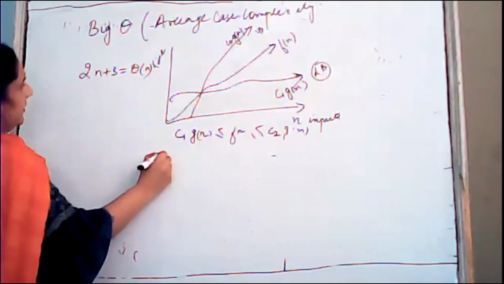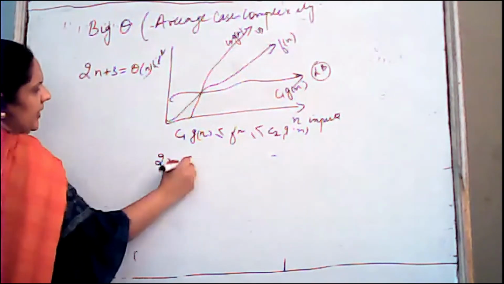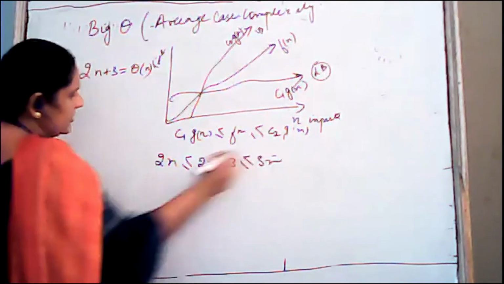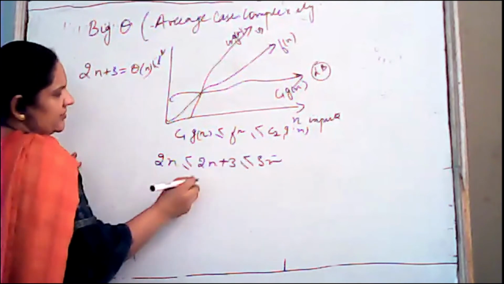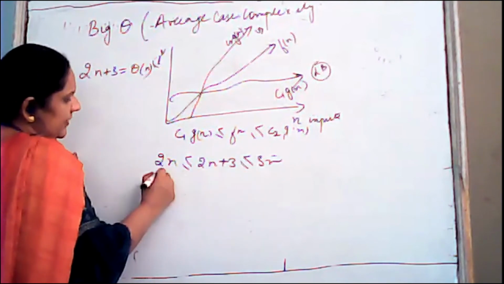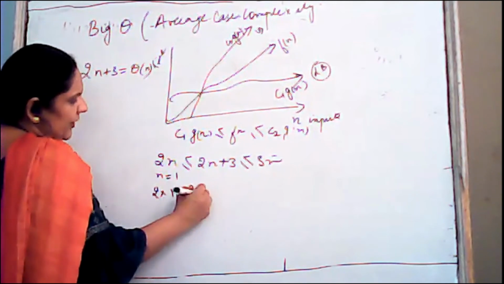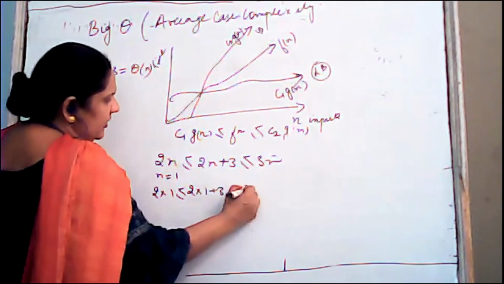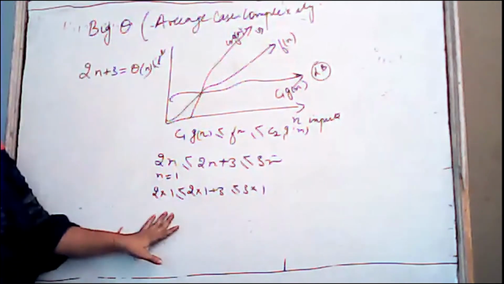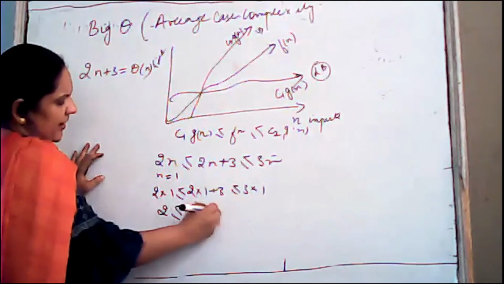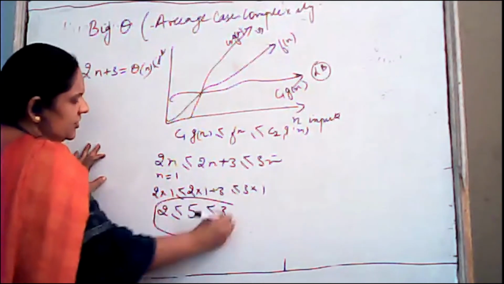Now you will write 2 into n is less than 2n plus 3 is less than 3n. So for which value of n is this relation going to be satisfied? Let's do it for n is equal to 1: 2 into 1 is 2, 2 into 1 plus 3 is 5, and 3 into 1 is 3. So this relation is not holding.